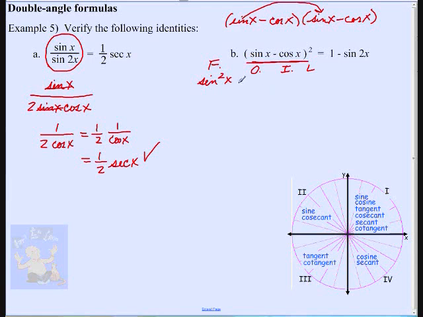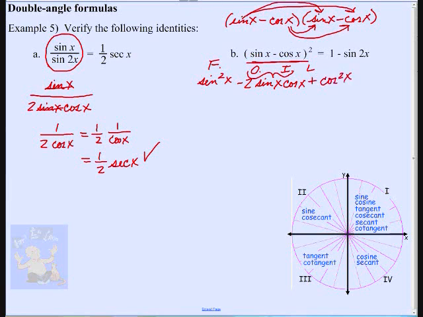So it's going to be a negative 2 sine x cosine x. That's my outside and inside. Oops, and that's an x. And so I've done this, I've done this. The only one left for me to do is right here. Negative times a negative will be positive, so I'll have a plus cosine squared x.